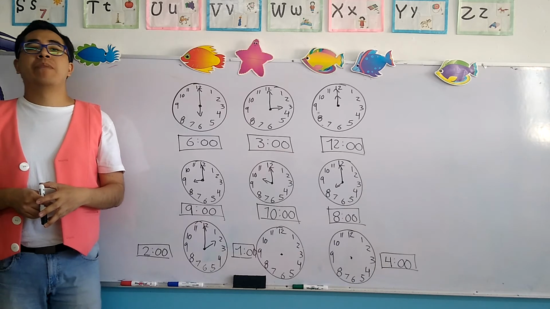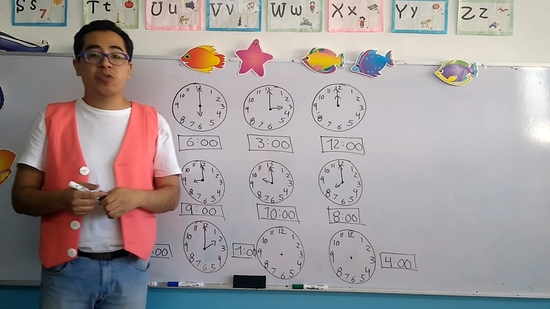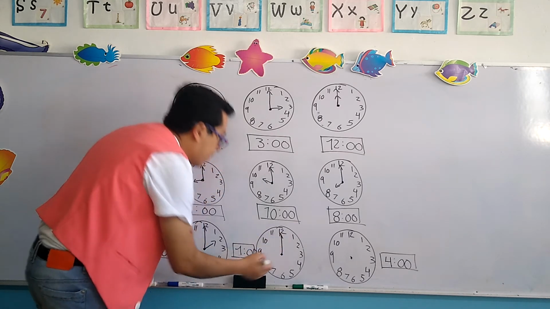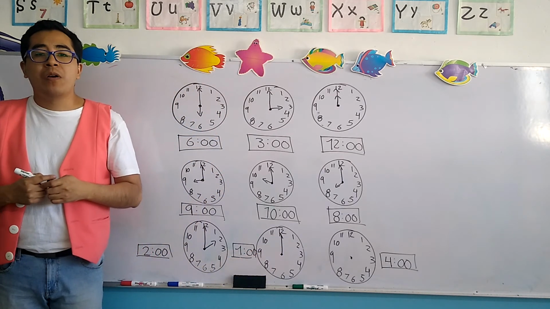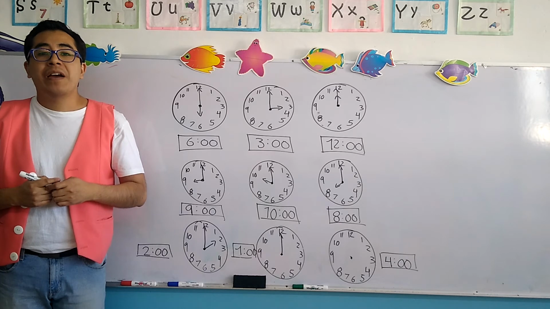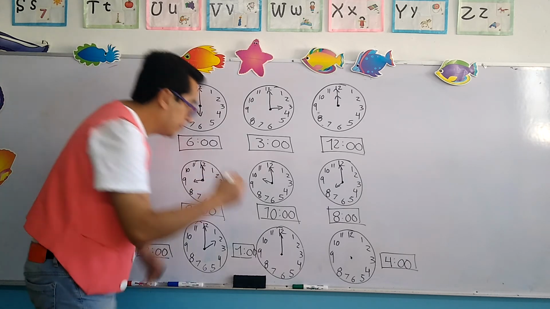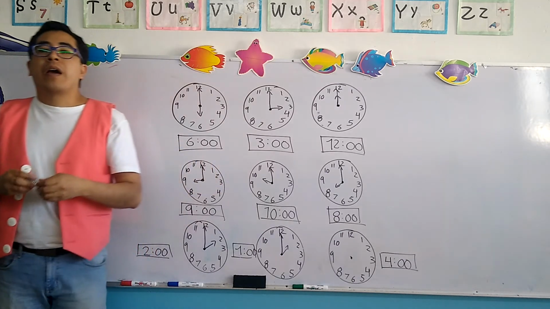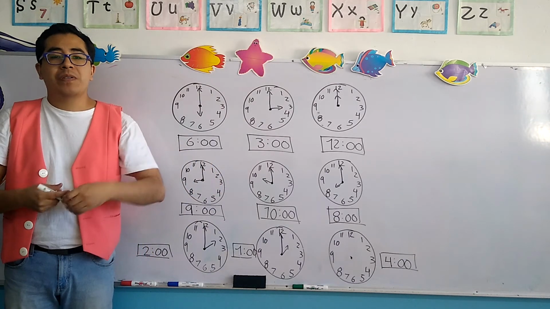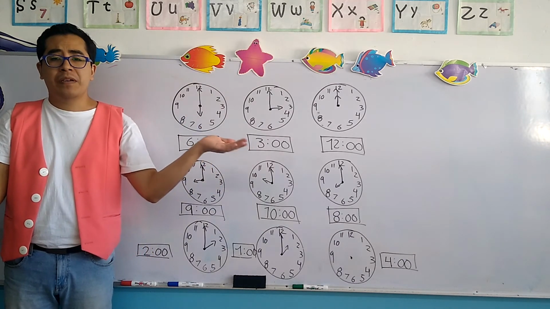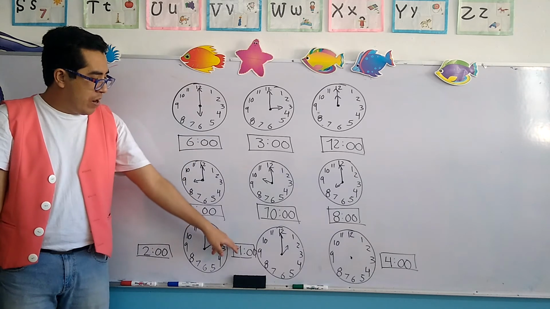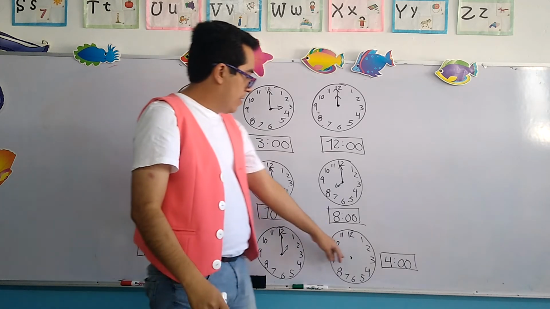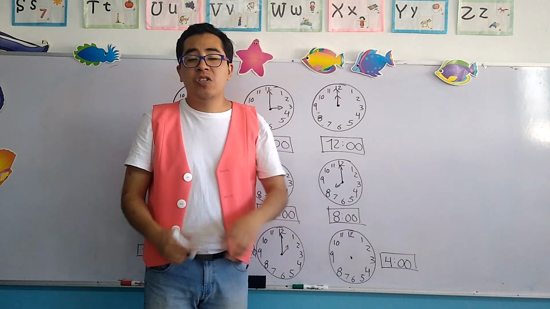First of all, big arrow, number 12. Flecha grande, number 12. Small arrow, flecha pequeña, number 1. The question says, dice la pregunta, what time is it? ¿Qué hora es? 1 o'clock. And finally, the indication says 4.